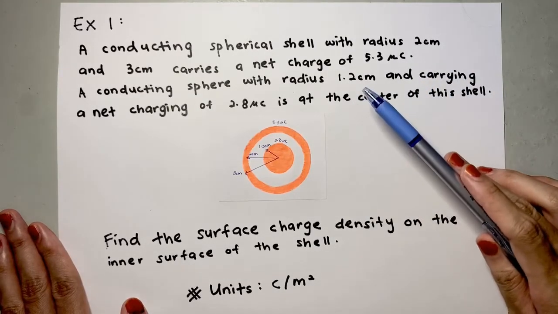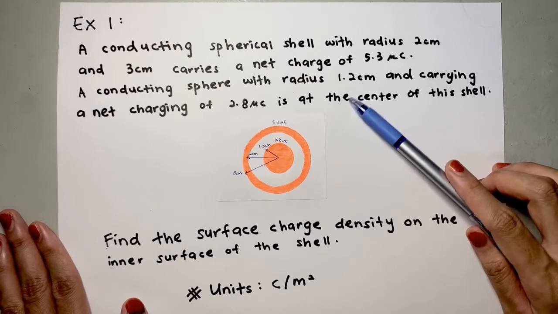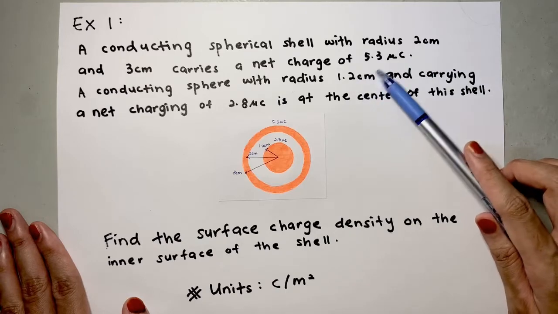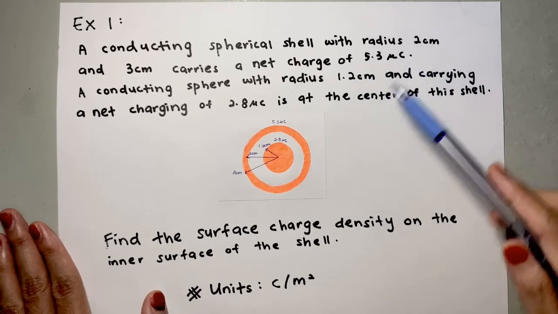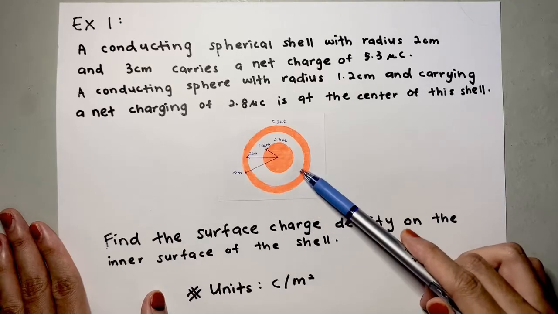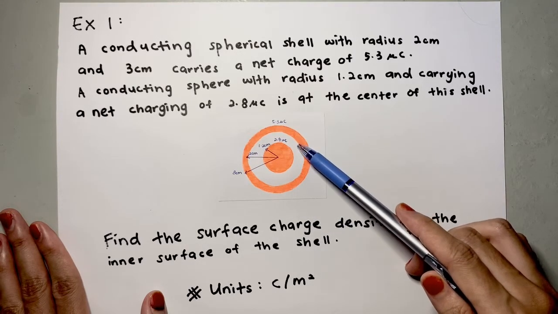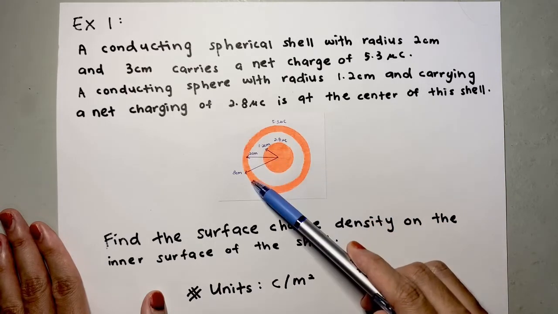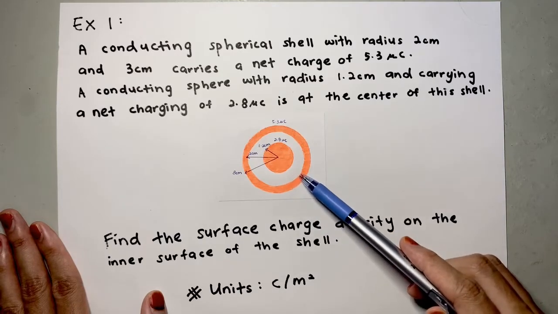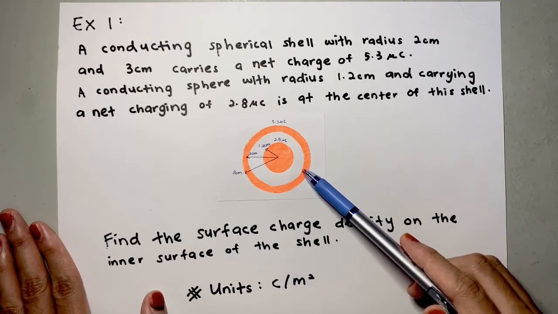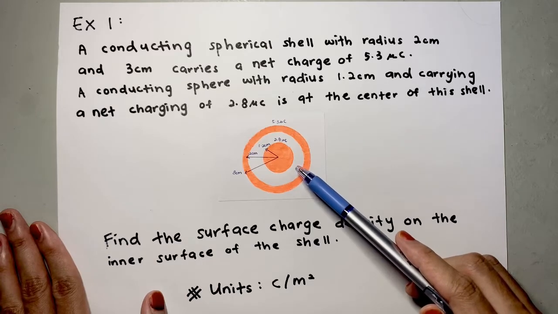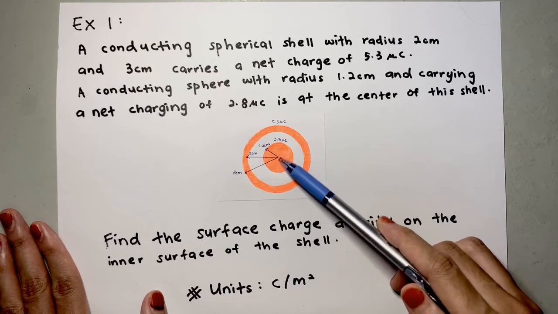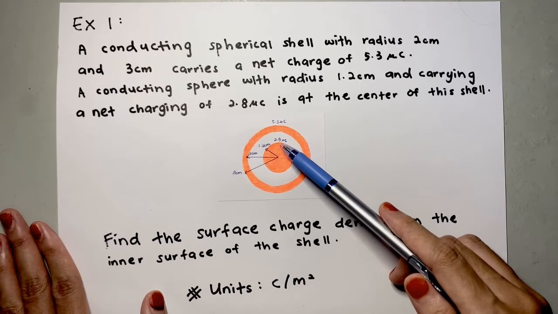Now we will go to example 1. A conducting spherical shell with radius 2 cm and 3 cm carries a net charge of 5.3 microcoulomb. A conducting sphere with radius 1.2 cm and carrying a net charge of 2.8 microcoulomb is at the center of the shell.